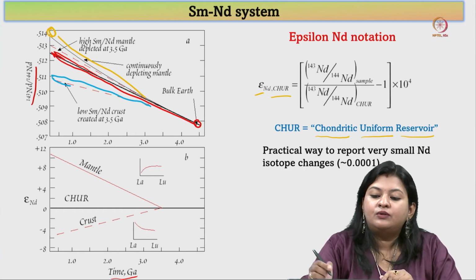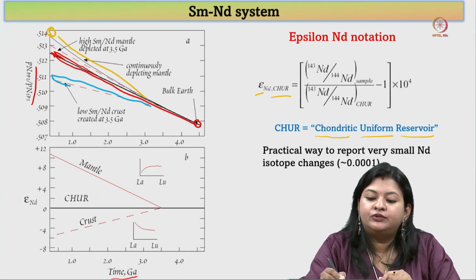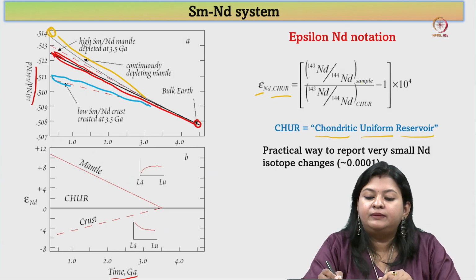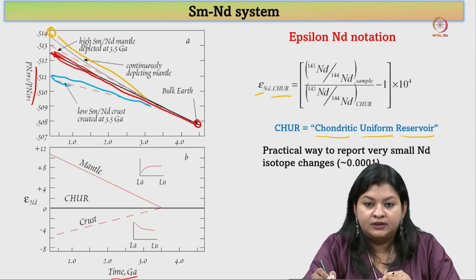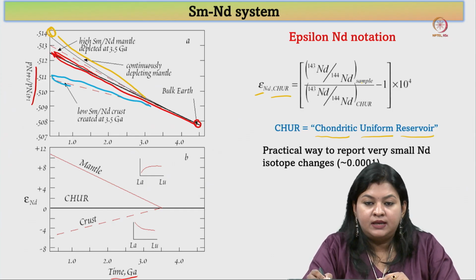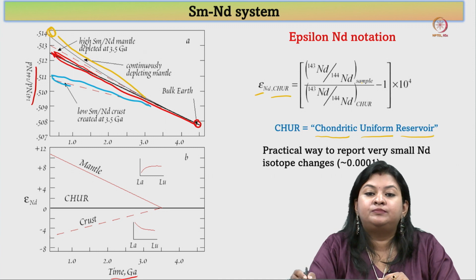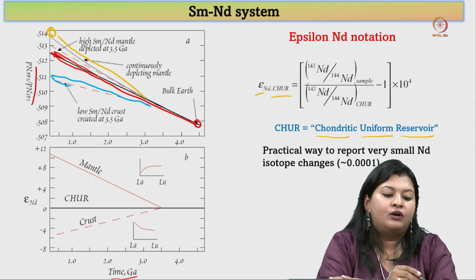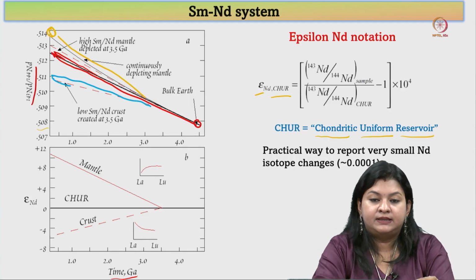So, we take the 143 neodymium by 144 neodymium of the sample, divided by the 143 by 144 neodymium of the reference point, that is CHUR, minus 1, multiplied by 10 to the power 4. This helps us get rid of all the large decimal places.